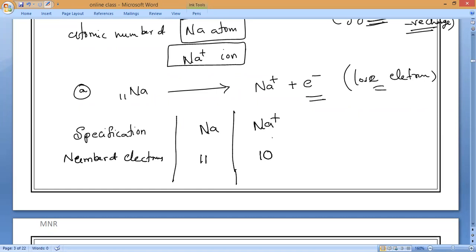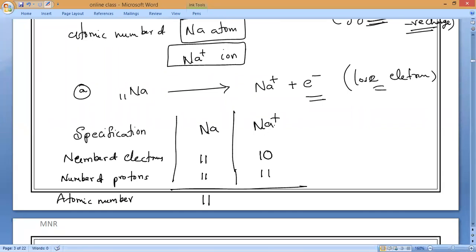One electron is donated, so how many remain? 10. Next, the number of protons: does it remain unchanged or change? It remains the same, 11 and 11. Now, what is the atomic number of the sodium atom?